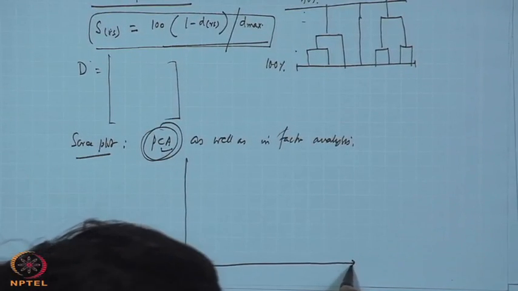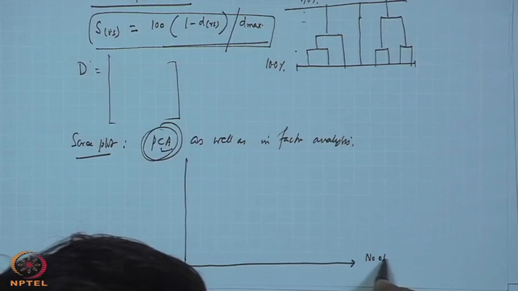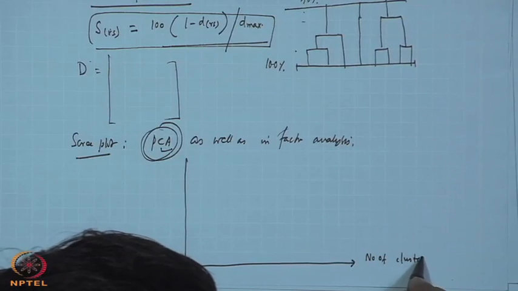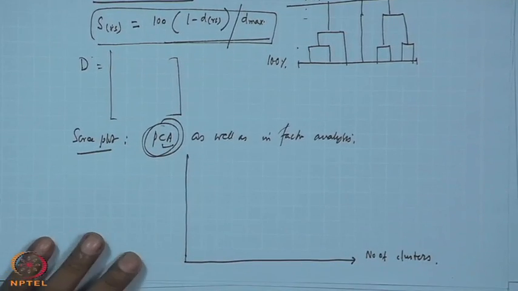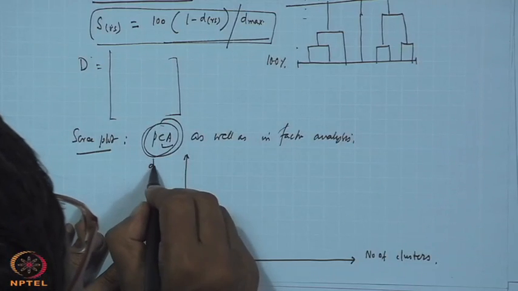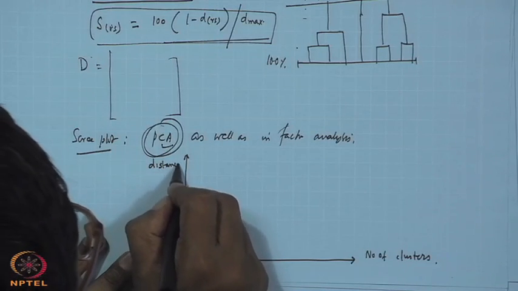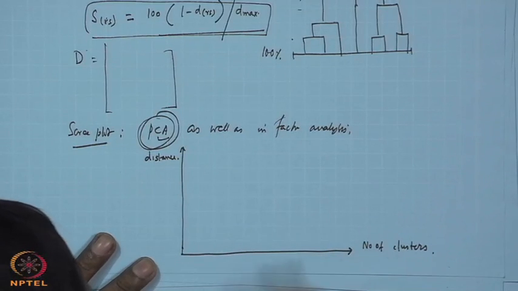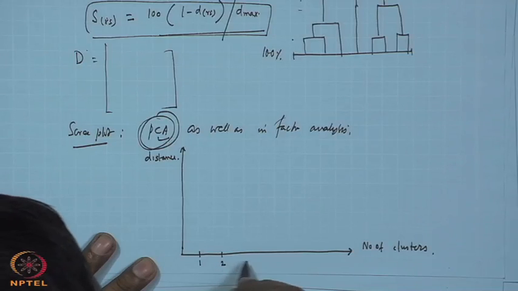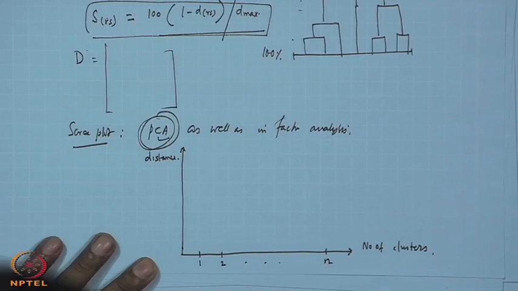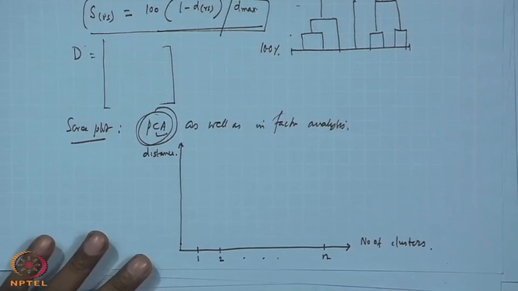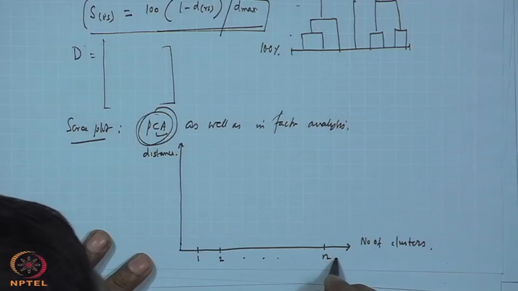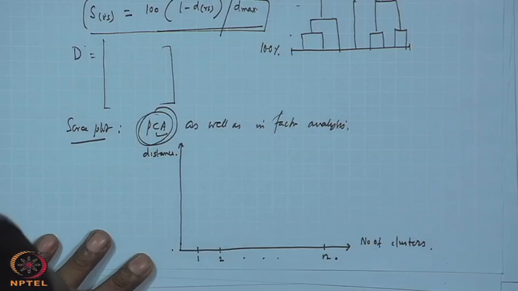This side you write the number of clusters, and this side you write down the distance. Now, your cluster can be 1, cluster can be 2, like this you have n clusters. When you have n clusters, the distance becomes 0.